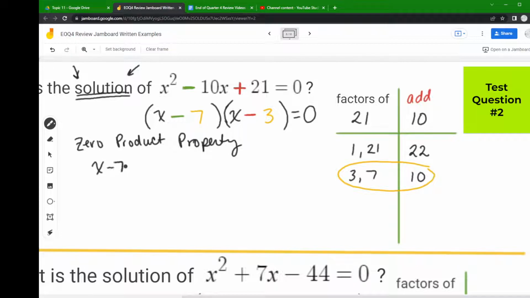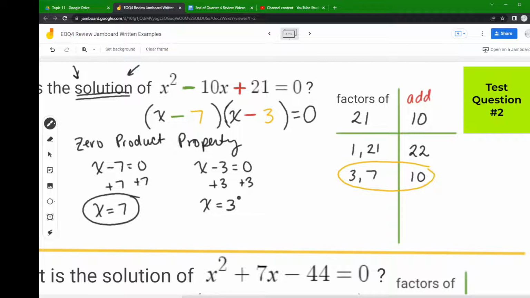So what I'm doing is making these little mini equations by setting each set of parentheses equal to 0, and that will give me my two solutions. So on this side, to get rid of the minus 7, I'm adding 7 to each side, which is where I get x equals 7. And on this side, to undo the subtraction of 3, I add 3. And those are my two solutions.